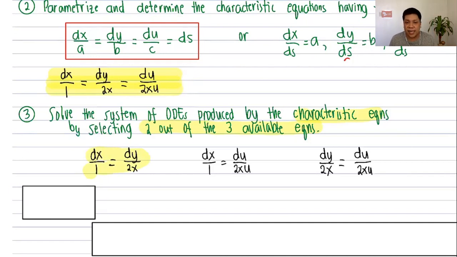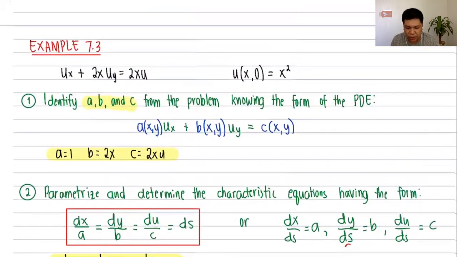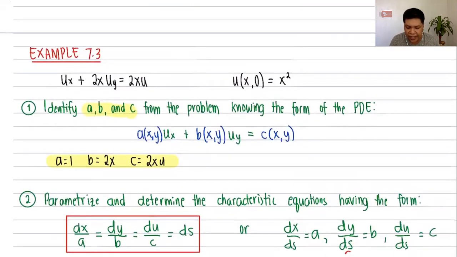Next, how do we select the second equation? I select an equation wherein du is partnered with the variable which is 0 in the initial condition. So going back to my initial condition, this is u(x, 0), therefore this is x and this is y.